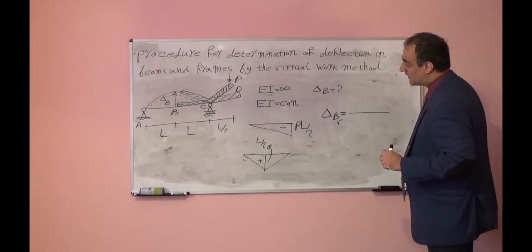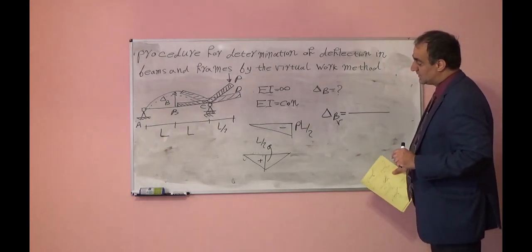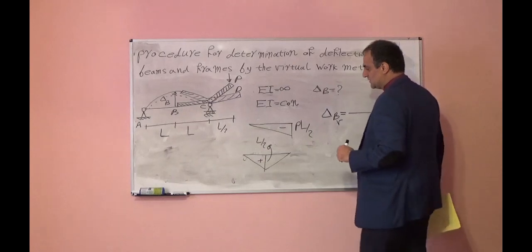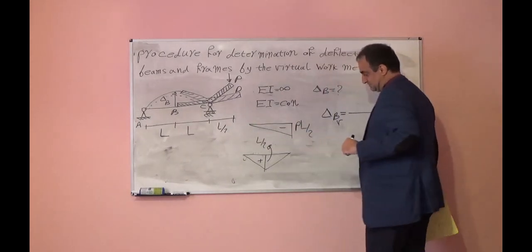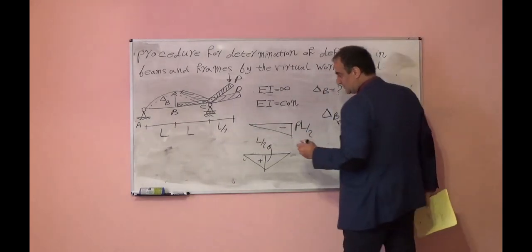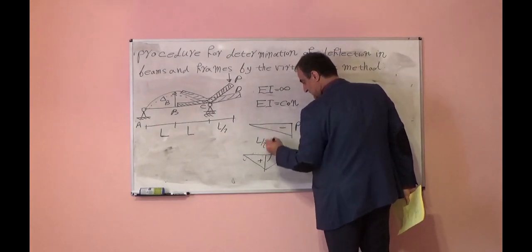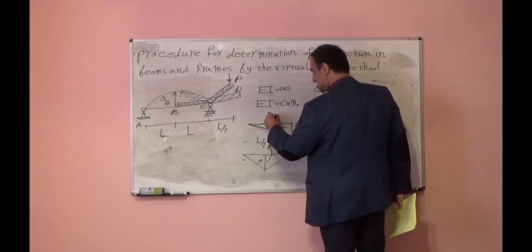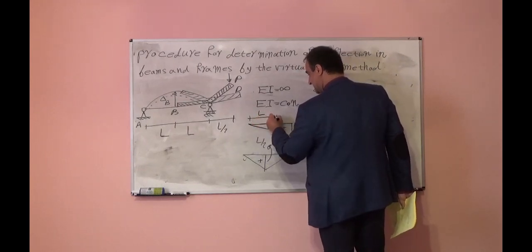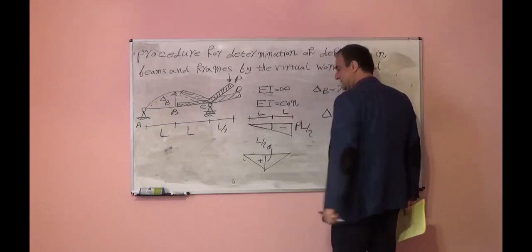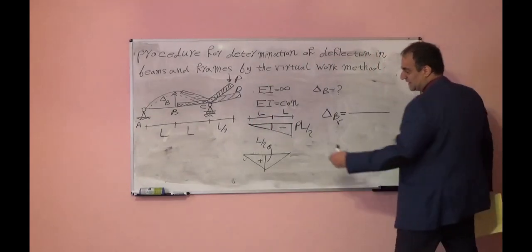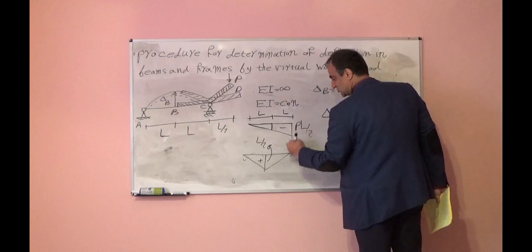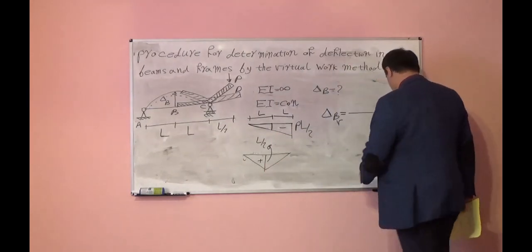If you cannot find the table for the entire one, you can multiply like this. Let's do it like this, because from here to here it is L, from here to here it is L. Let's multiply this triangle to this triangle, this trapezoid to this triangle.